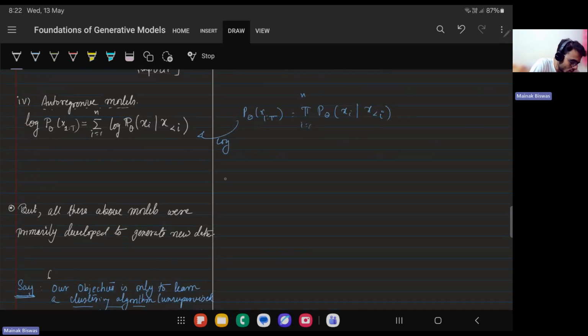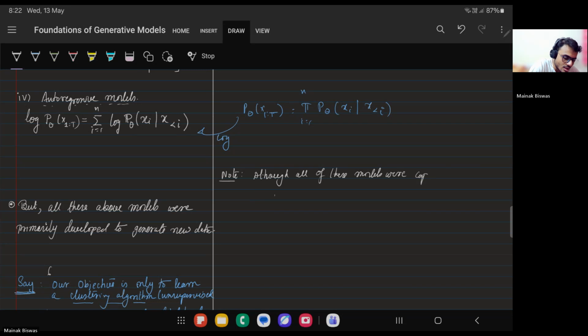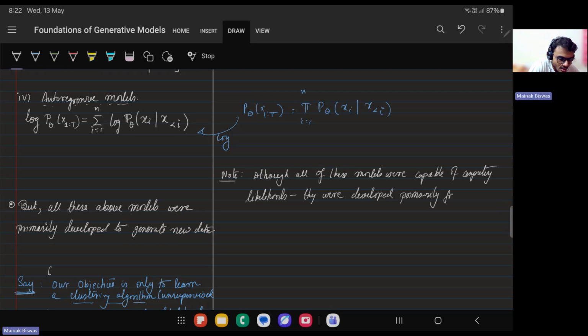Although all of these models were capable of computing likelihoods, they were developed primarily for sampling novel data, right?